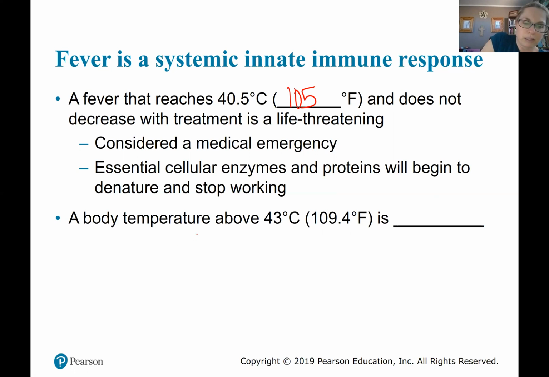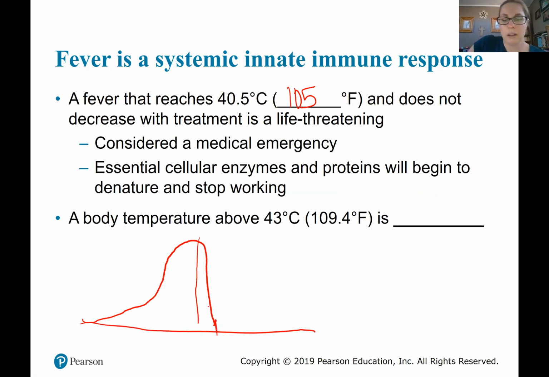Enzymes can work okay down at cold temperatures, and then you get to the optimal temperature here, and you get a pretty quick drop off here. If your body temperature gets over in here, your enzymes and proteins are going to start denaturing too, and you basically start cooking cells and components in your body. And a body temperature of 109 is going to be fatal.